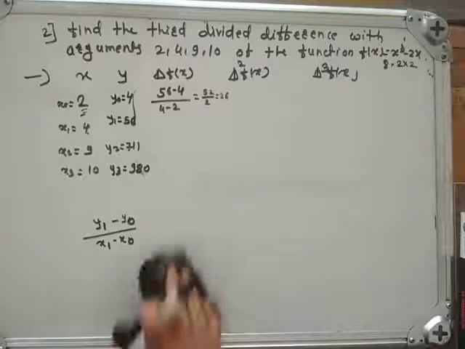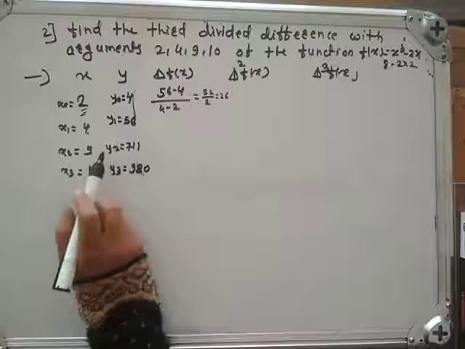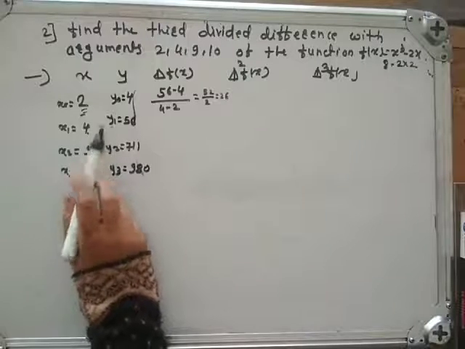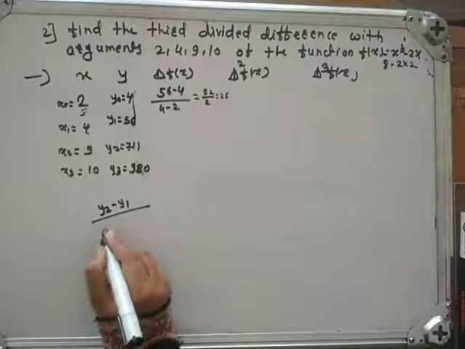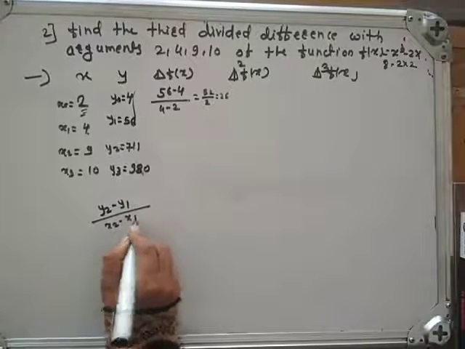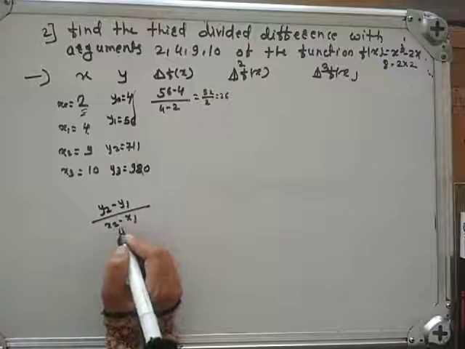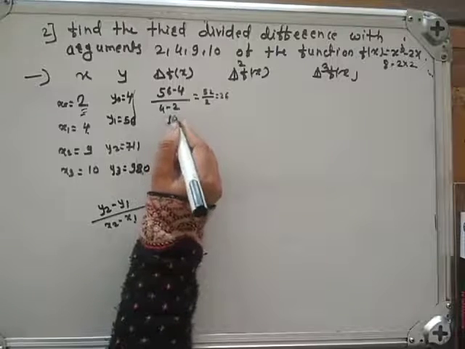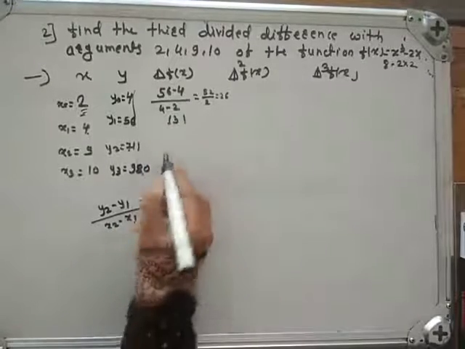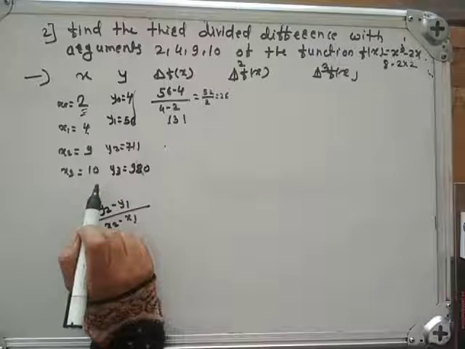Next, you have to calculate the first divided difference for y2 and y1. So your formula becomes y2 minus y1 upon x2 minus x1. Put all the values and simplify. You will get the answer 131.